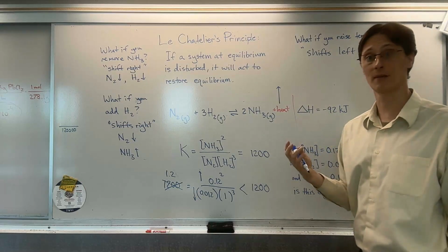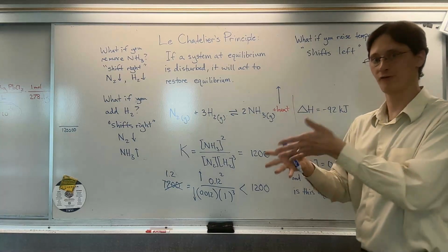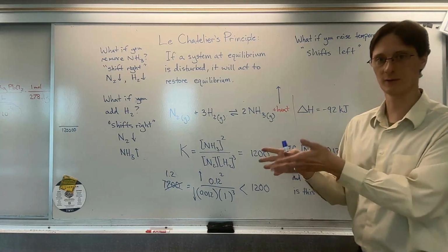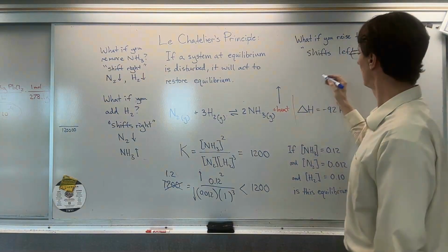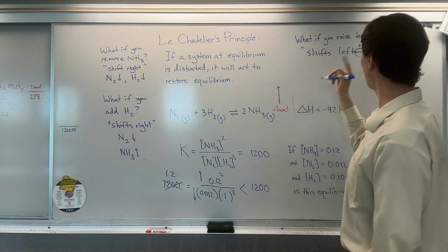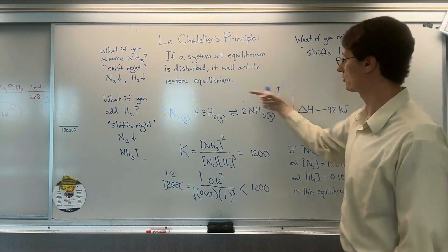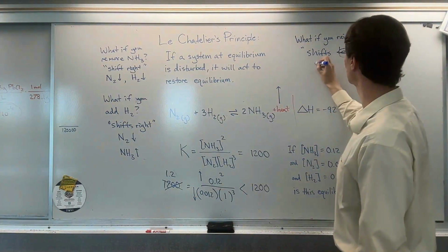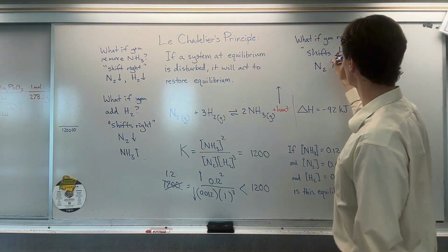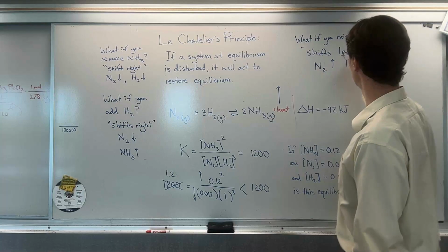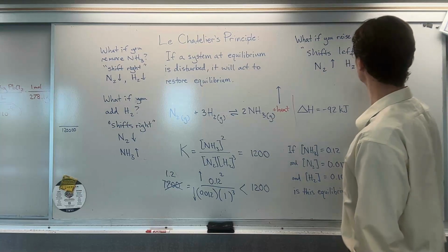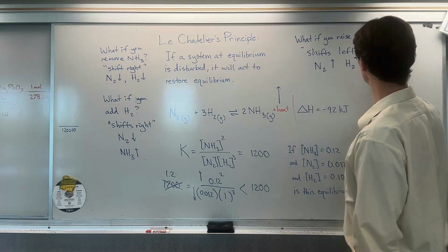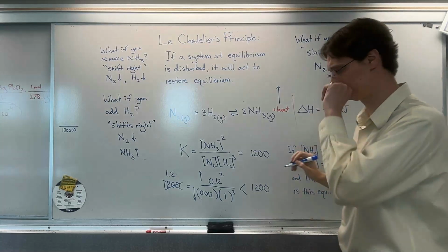If I remove something, then it's going to try to fill in the hole, right, where I removed something from it. All right. Since heat is a product, adding heat will shift the reaction to the left. So that would mean that the nitrogen would go up, hydrogen would go up, and the ammonia would go down.